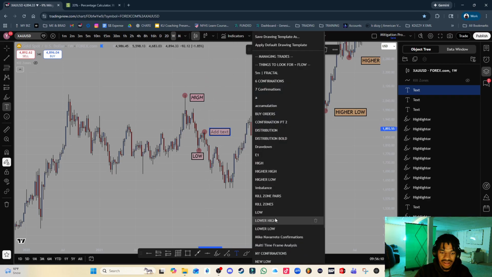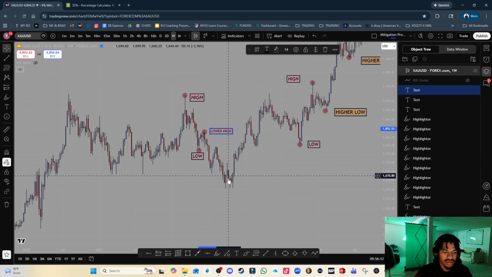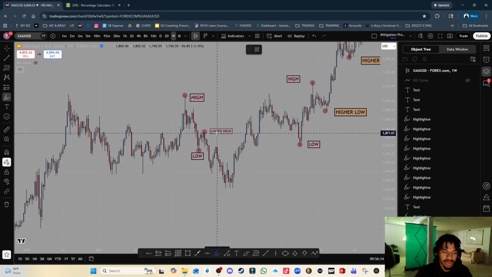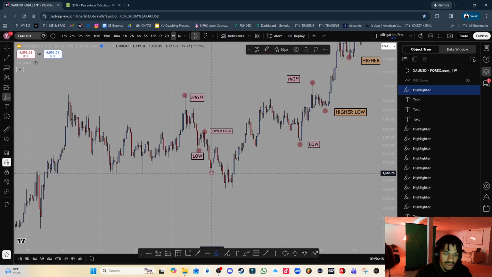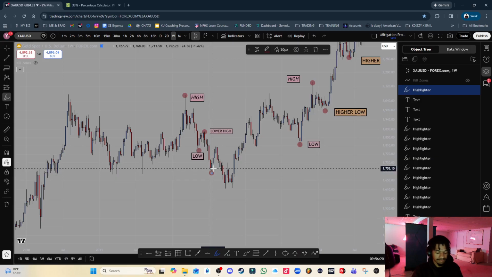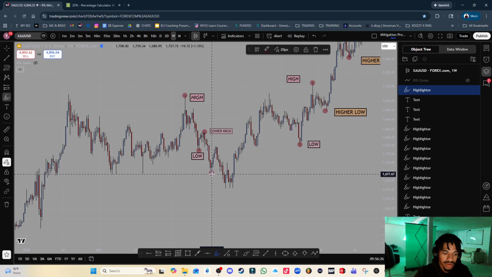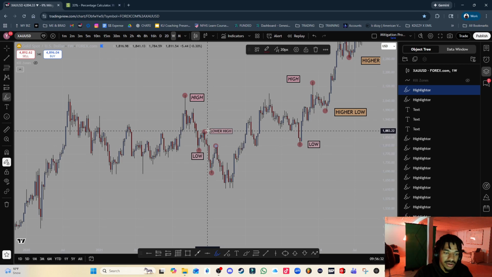As you can see, I already have the text template, and after it made a lower high, boom, it traded down lower than this low. What is it? I'll wait. You got it, lower low, okay? Lower low, traded higher, right? Made a new high, but it's lower than this high, so it's a lower high.